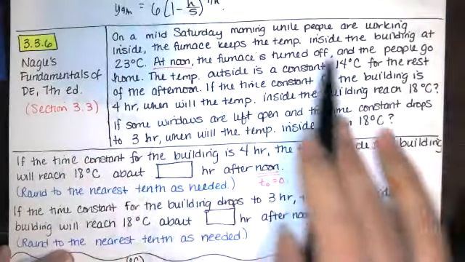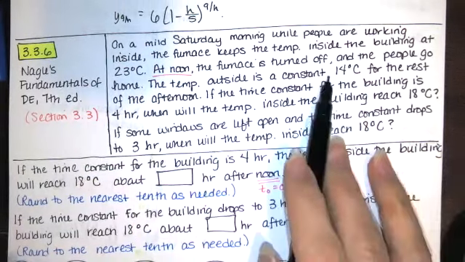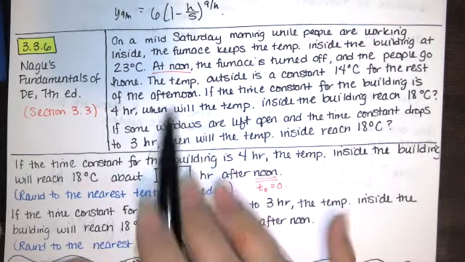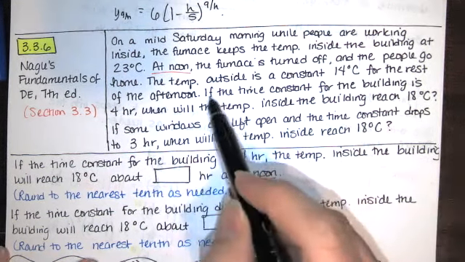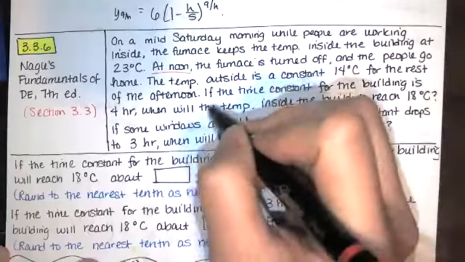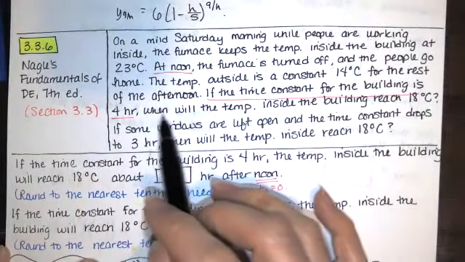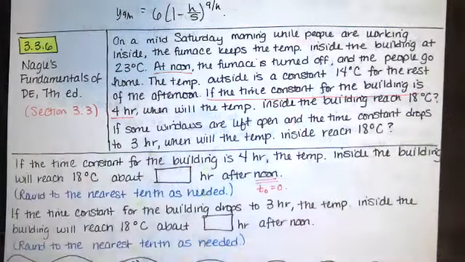It says at noon, the furnace is turned off and the people go home. The temperature outside is at a constant 14 degrees Celsius for the rest of the afternoon. Okay. And what else? The question says, if the time constant for the building is 4 hours, we need to interpret that, and I'll interpret that for you in just a moment. It says, when will the temperature inside the building reach 18 degrees Celsius?